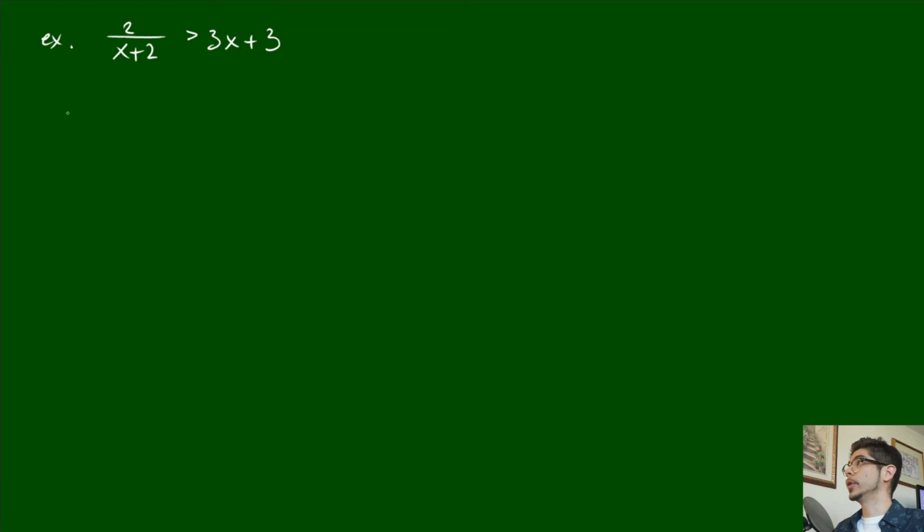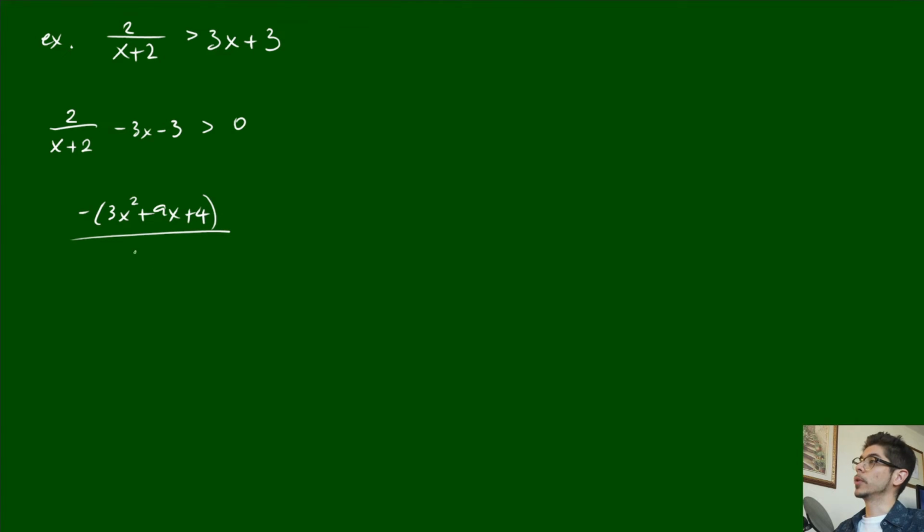You're left with 2 over x plus 2 minus 3x minus 3 is greater than 0. After combining like terms, you should end up with minus 3x squared plus 9x plus 4, all of that over x plus 2, greater than 0.